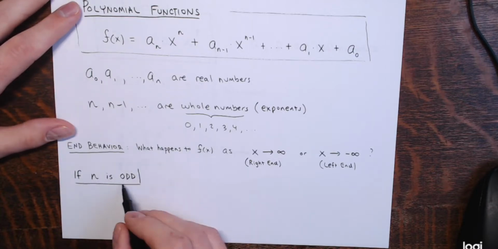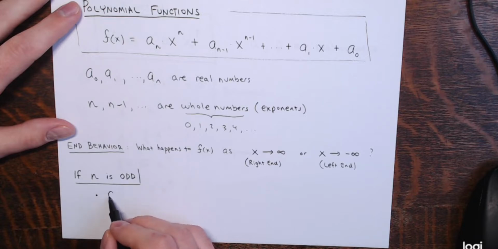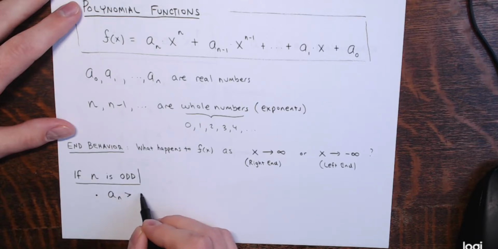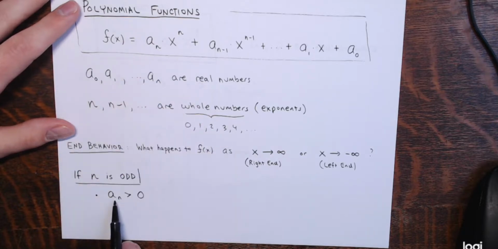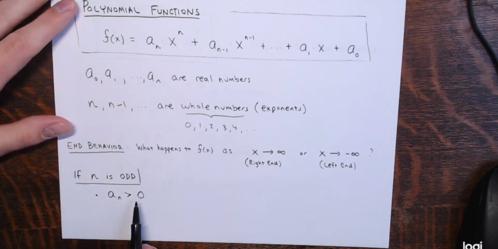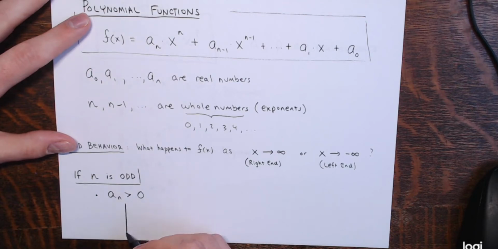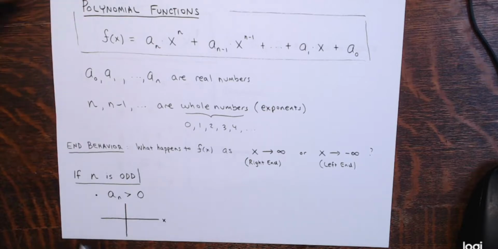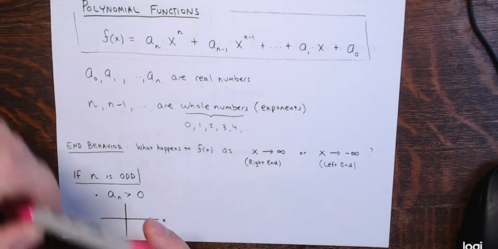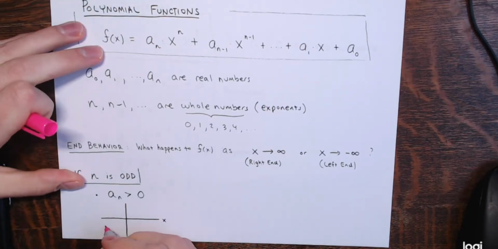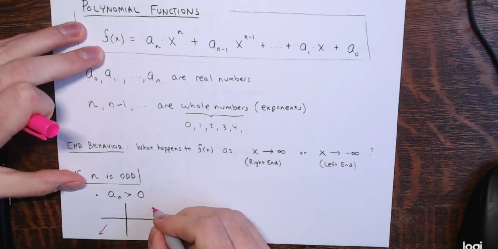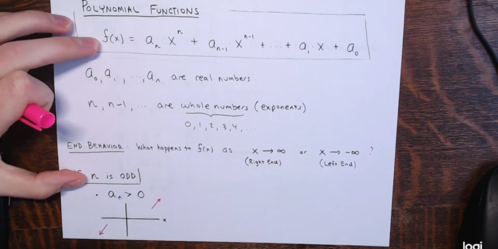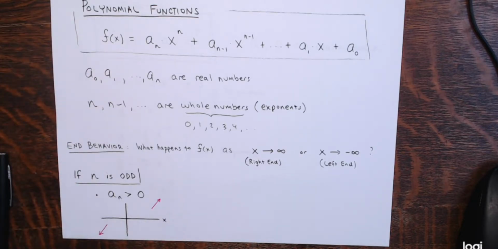If n is odd and the lead coefficient, a sub n, the coefficient on that highest powered term, is positive, then the end behavior will be like this. Here's the x-axis, and the graph is going down on the left end and up on the right end.